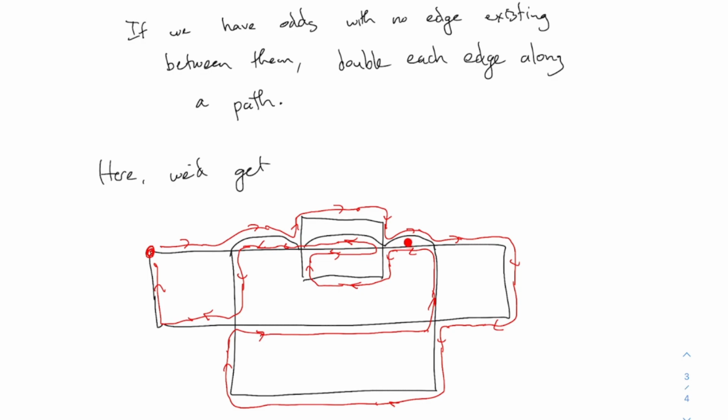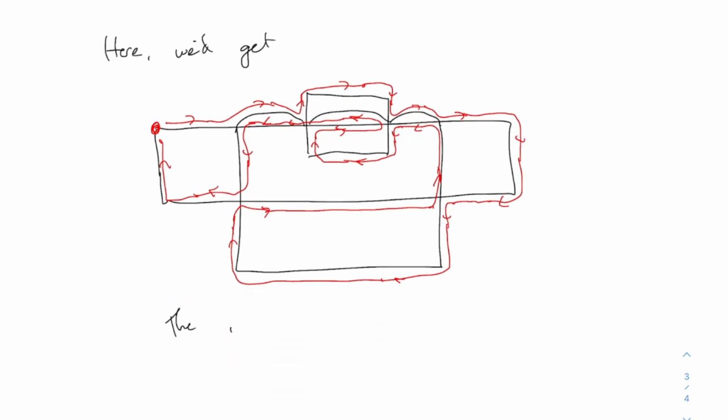Those are the 3 ones that we duplicated to Eulerize the graph. So in this case, the minimum duplication circuit requires 3 edge duplications. 3 edge dupes. All right? This is how we do it.